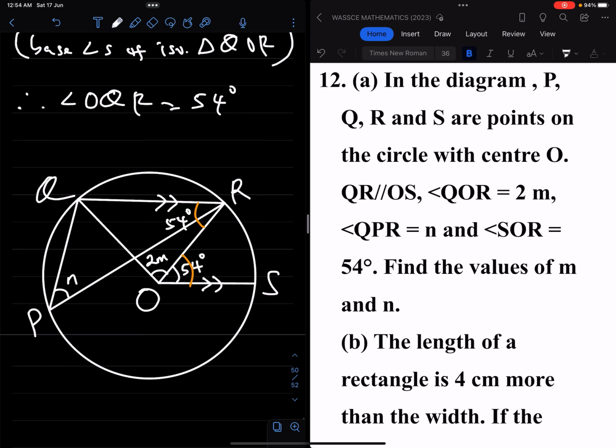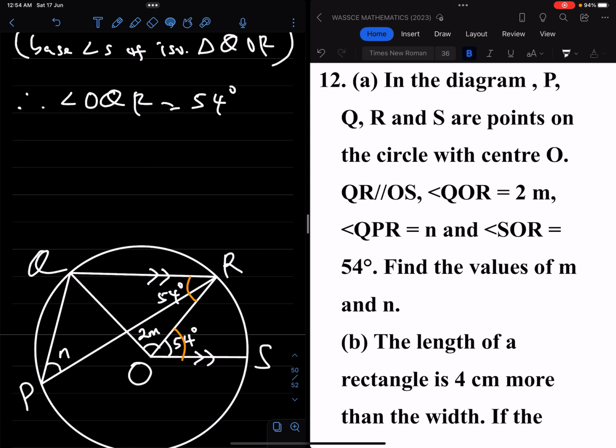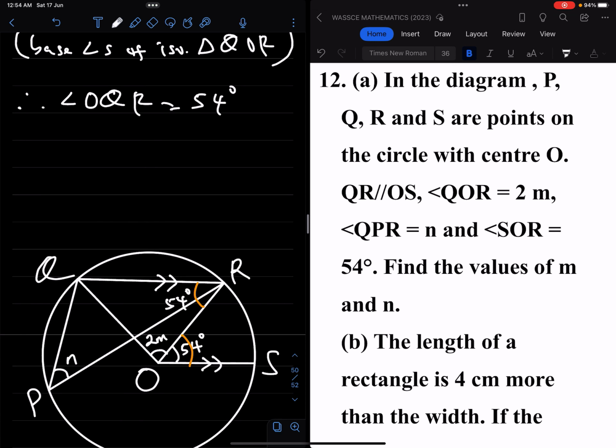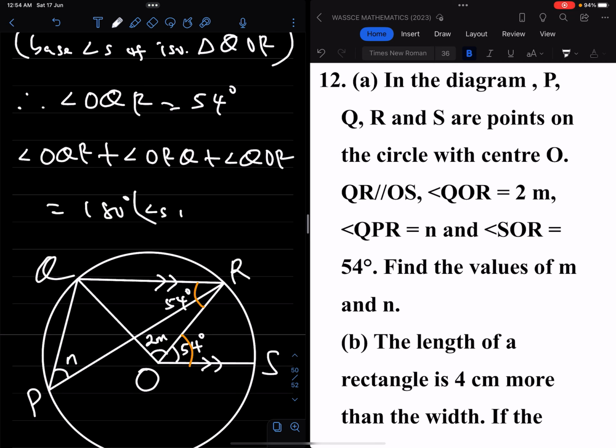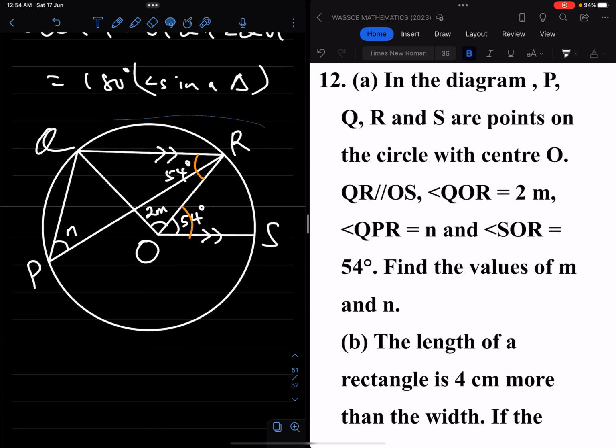Now in triangle QOR, angle OQR plus angle ORQ plus angle QOR equals 180 degrees, and the reason for that is the sum of angles in a triangle is 180 degrees.